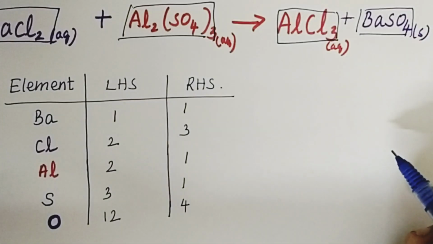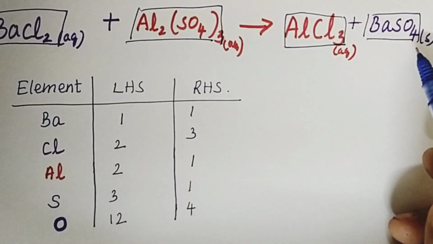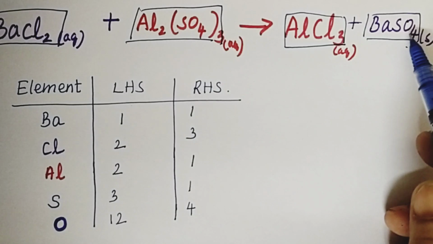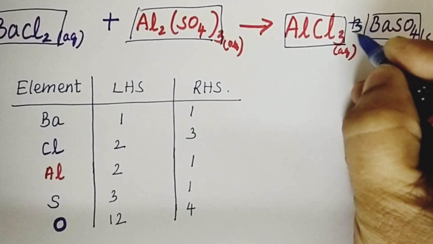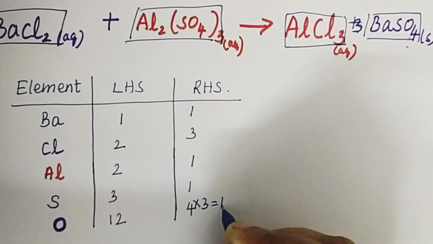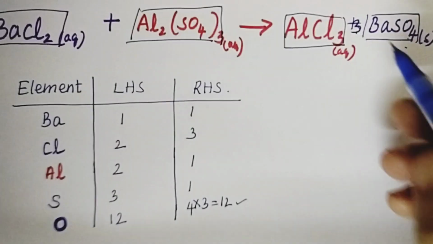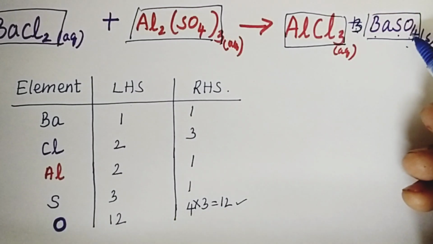Okay, now in the RHS, we can see SO4, with 4 oxygen. So when we write 3 in front, it becomes 3 into 4, 12. So oxygen is balanced. When we write 3 here, that 3 is common for barium, sulfur and oxygen.